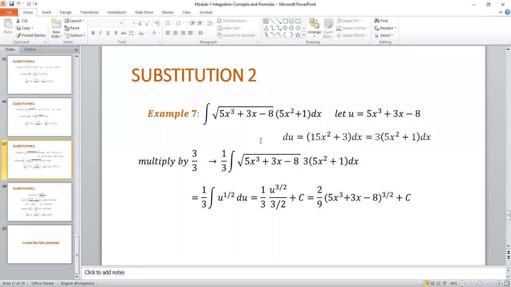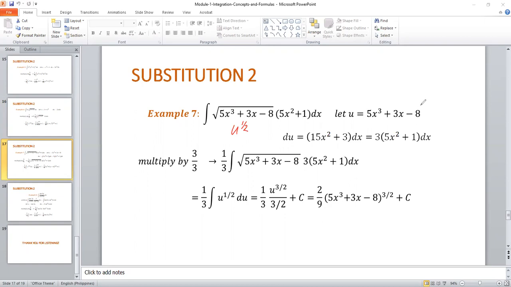Example number 7. The square root of 5x cubed plus 3x minus 8 multiplied to the quantity 5x squared plus 1. Whenever you see such an expression, class, you always choose the more complicated expression as the u. Okay, this one is more complicated than this. So if you set it as the u, this is then your u raised to 1/2, where your u is 5x cubed plus 3x minus 8.